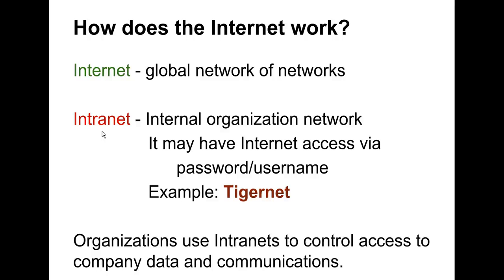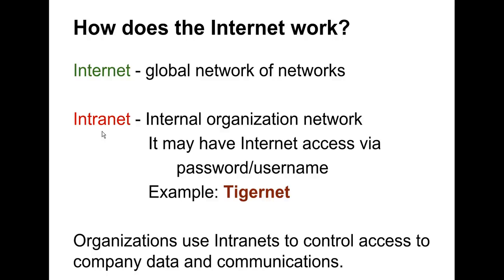You have access with username and password so that you can go in and check grades, register for class, probably do financial affairs. TigerNet may have a way for you to log in, so there may be internet access so you can remotely go into TigerNet.